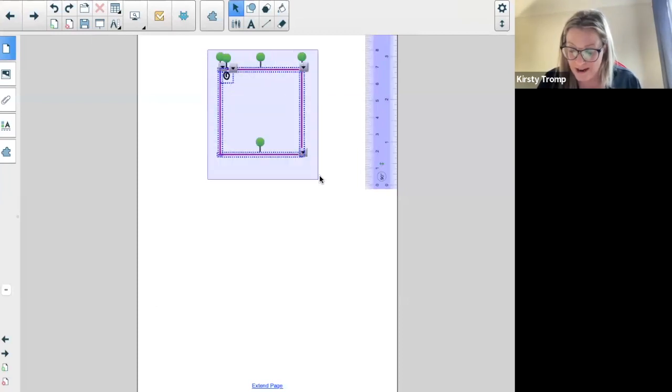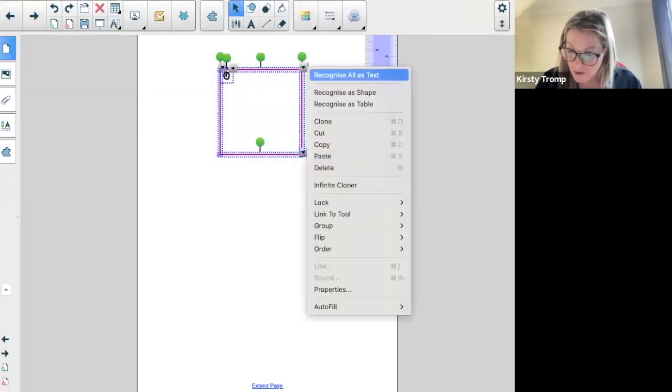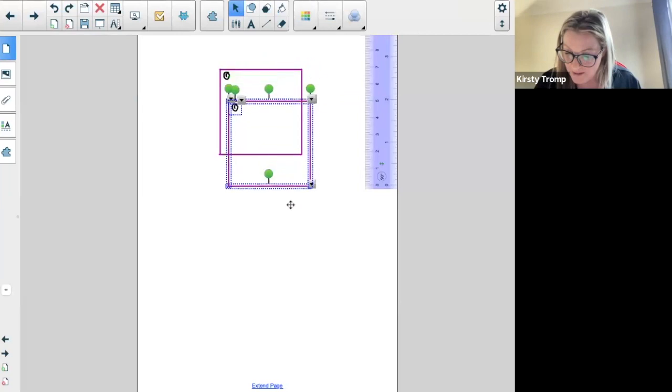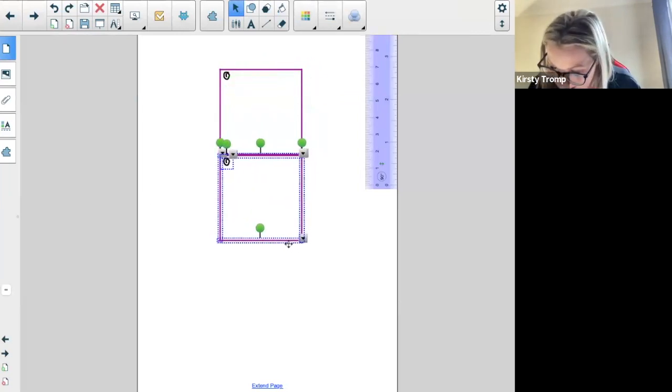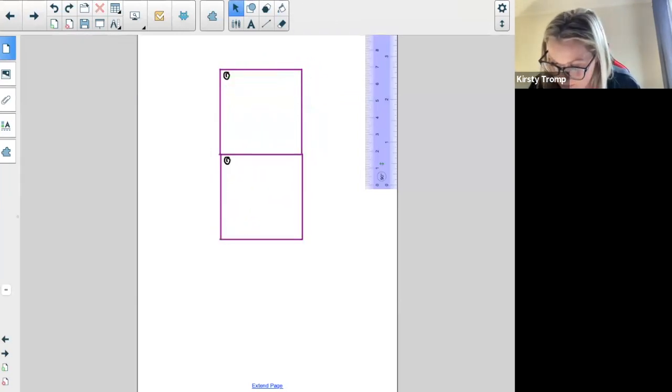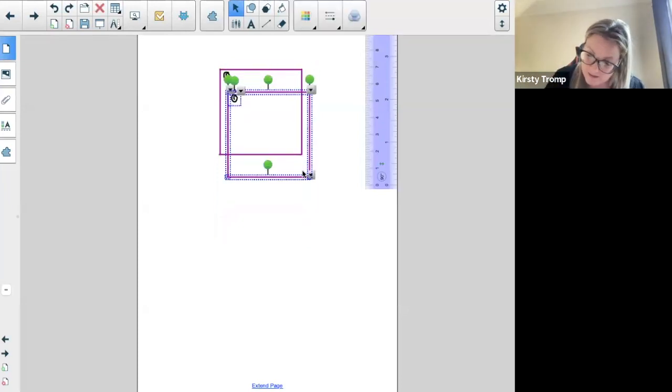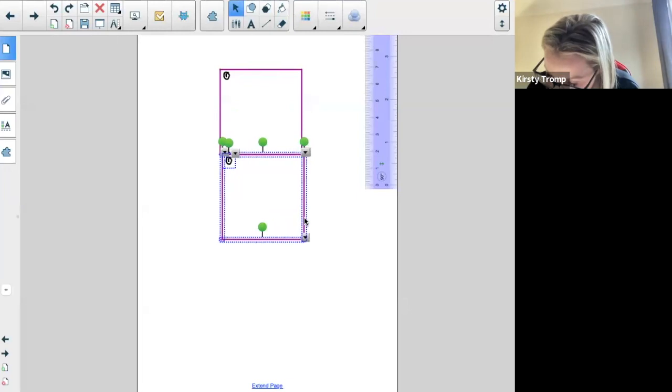We would have another square straight underneath it. So there's my next one, straight underneath it. Okay, so you guys are going to take your rulers again.